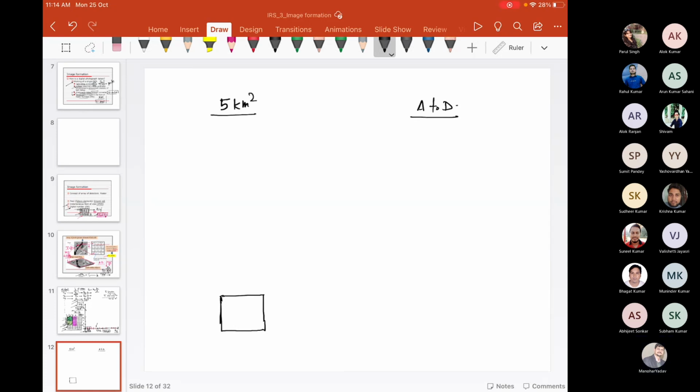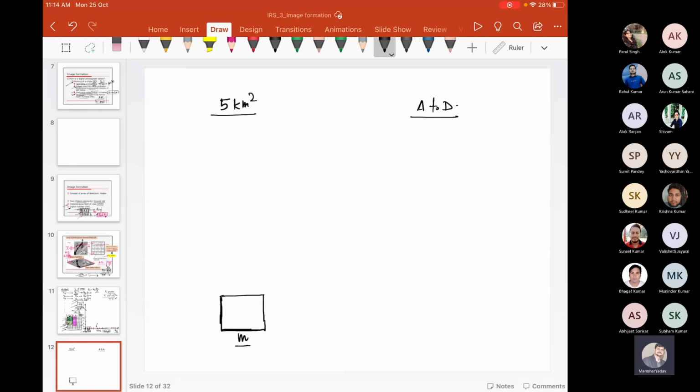So that is a 5 kilometer square area, and the spatial resolution, if the ground resolution cell has a square shape, is determined by the length of a side.